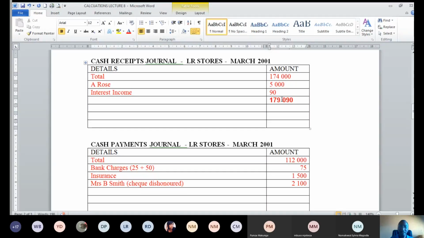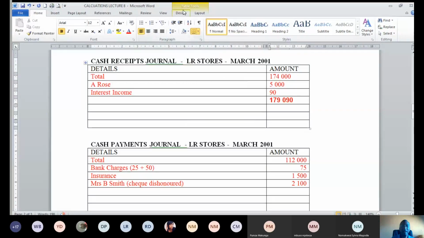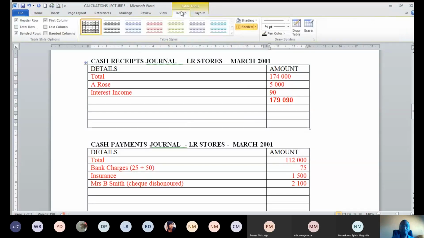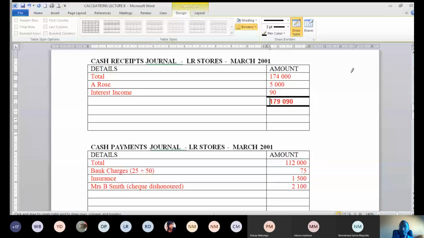That is the amount in my cash receipts journal if I add up those amounts. I have added up now. My amount in my cash receipts journal is now 179,090.